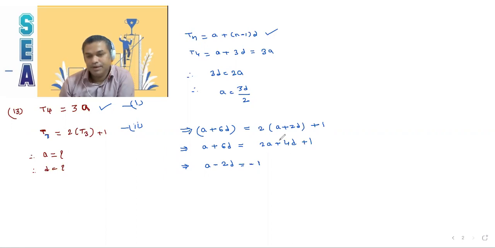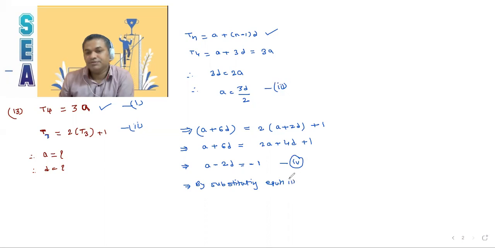Now my equation in this case is very simple. Let's say I term this as equation number 3 and this as equation number 4, and then we will say that by substituting equation 3 in 4, A is 3D by 2 minus 2D is equal to minus 1.